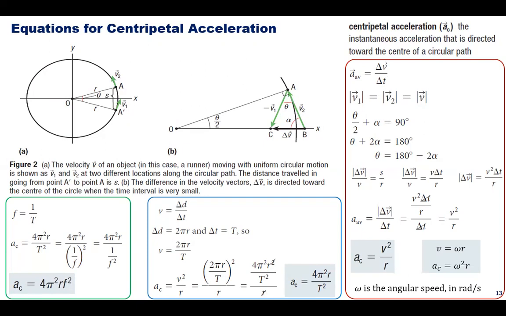Two sides of triangle AOA prime are along the radius of the circle, which is shown here in figure 2A, so that they have the length R, right?